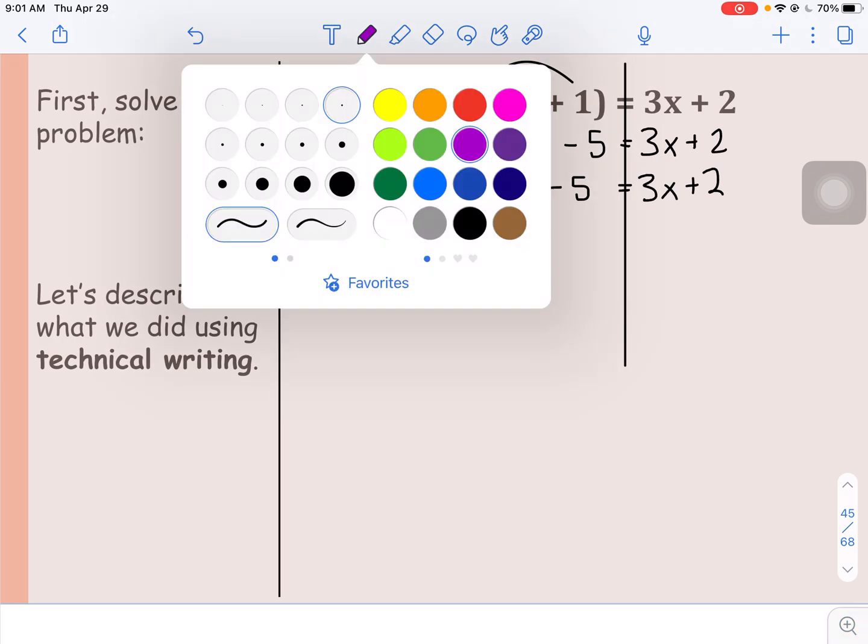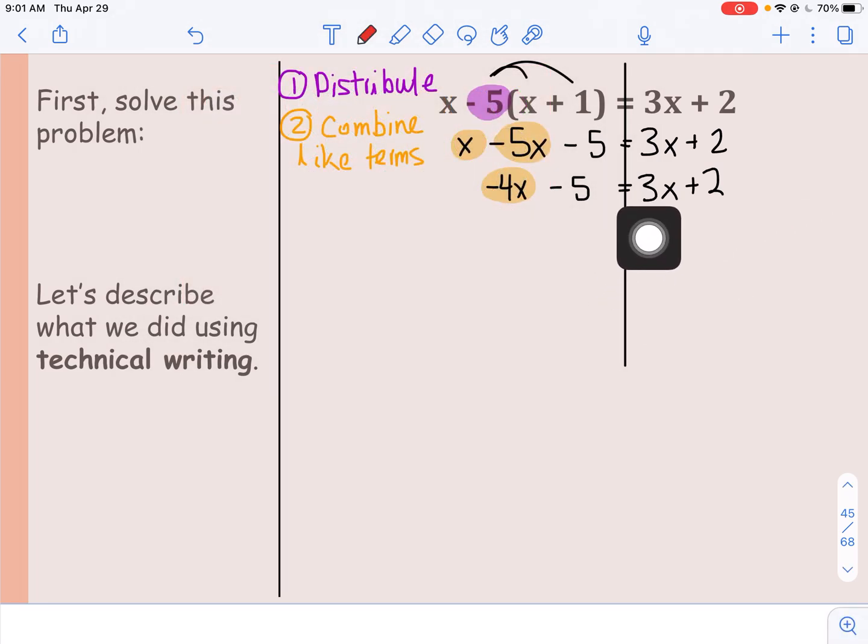Okay, our next step is we want to get the x's to be on the same side. I'm going to add 4x to both sides because -4x plus 4x will give us 0. So I'm going to write add 4x because -4x plus 4x is 0.